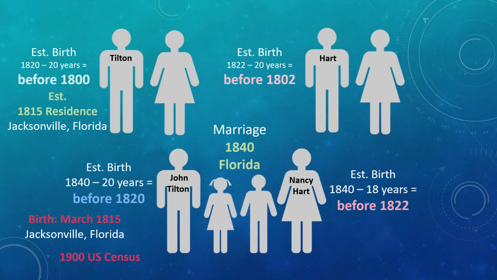So I'm going to give him an estimated residence. And it said that his father was born in Georgia. That's great because now I have somebody named Tilton who was born in Georgia before 1800 and has moved to Jacksonville, Florida sometime around 1815.